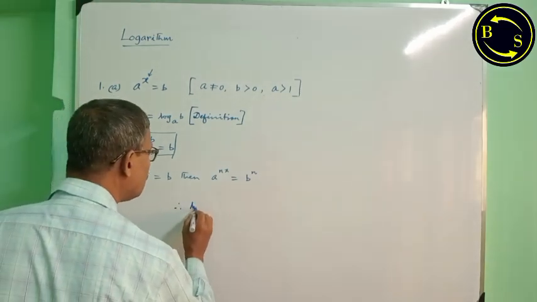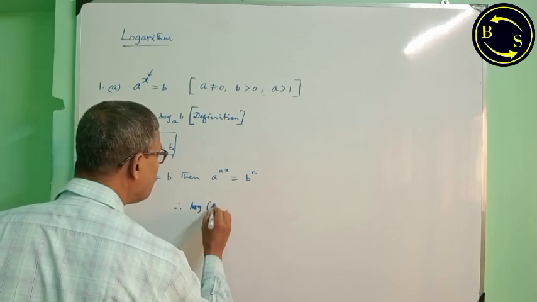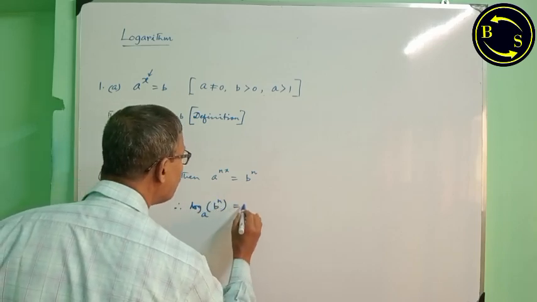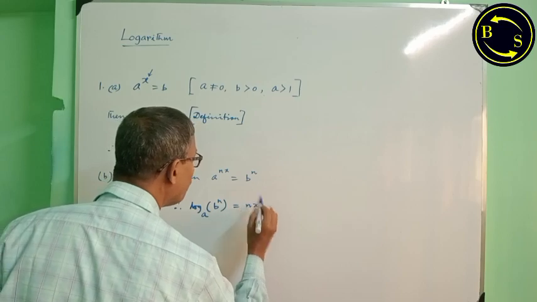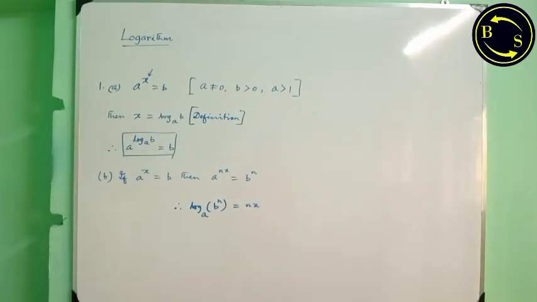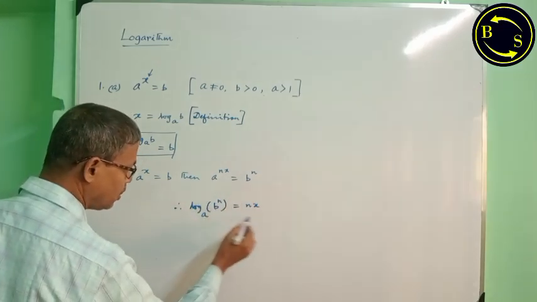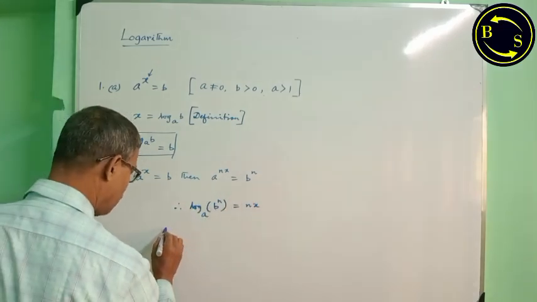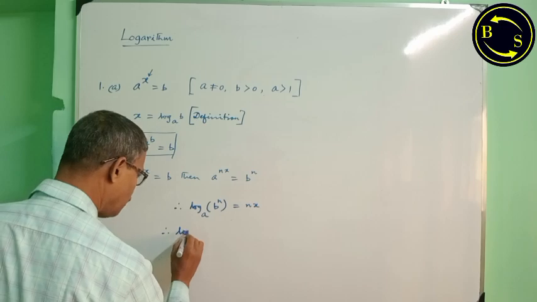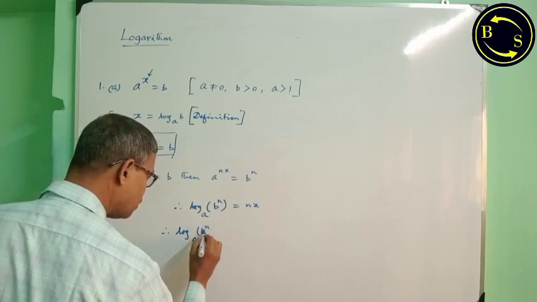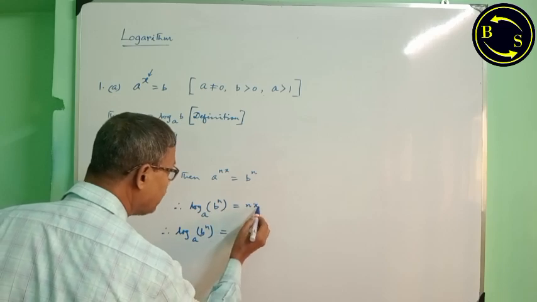Therefore, log of b to the power n, in terms of logarithm, this one will be this. Therefore, log of b to the power n to the base a is equal to nx.